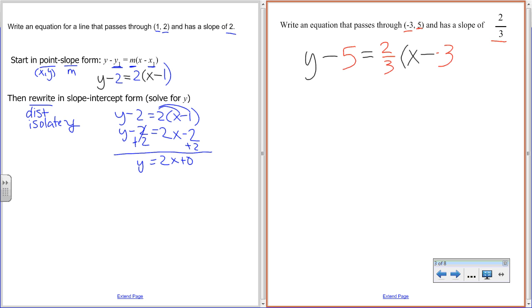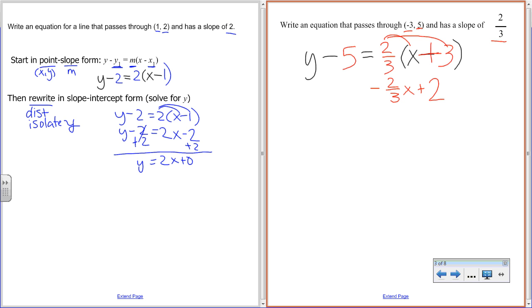Well, remember, subtracting a negative is the same as adding, so I'm going to have plus 3 there. So we're using that rule where we subtract a negative as addition. It has nothing to do with slope, guys, that's just the arithmetic rules. So we can change that to addition anytime we see it. We're going to distribute. We have 2/3 times x, and 2/3 of 3, so 2/3 times 3 is 2.